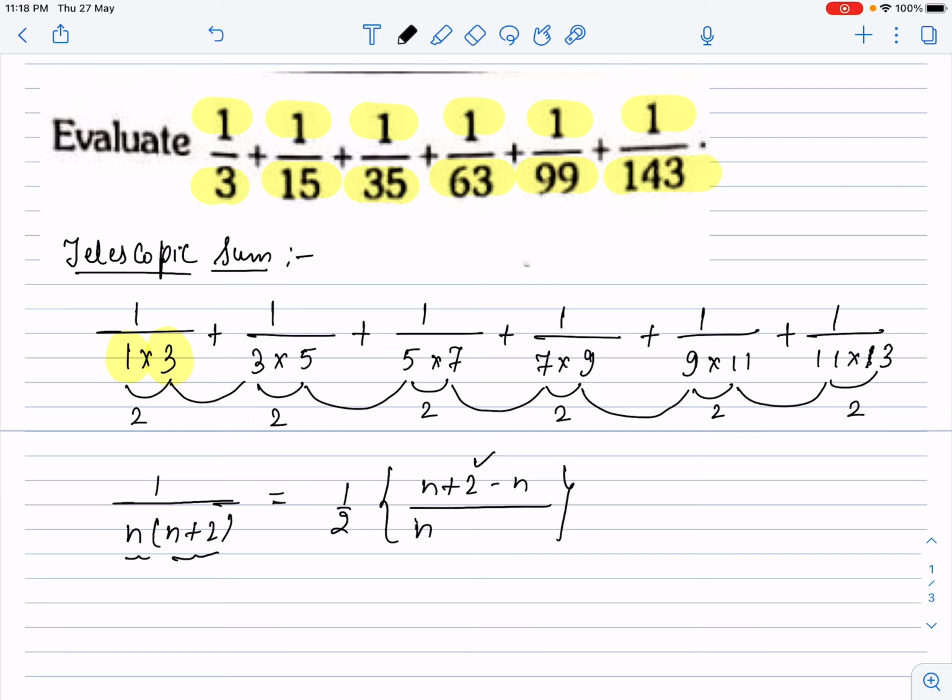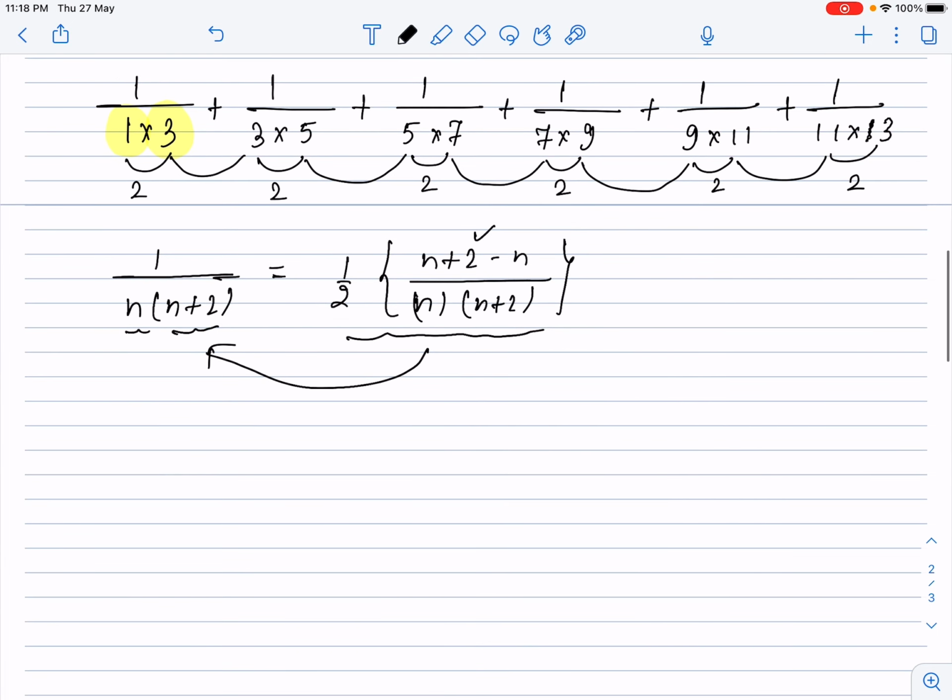Then in the denominator I have n into n plus 2. When I simplify this, I get back the same thing, whatever was written over here. So let's rewrite this: n plus 2 divided by n into n plus 2, minus n divided by n into n plus 2.